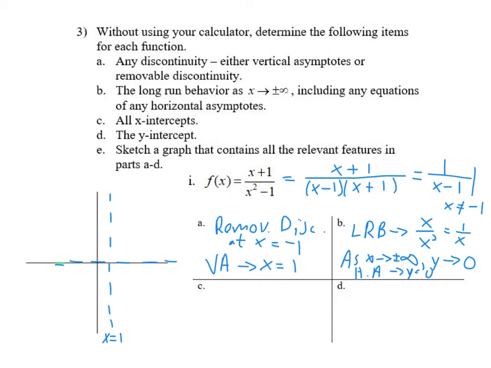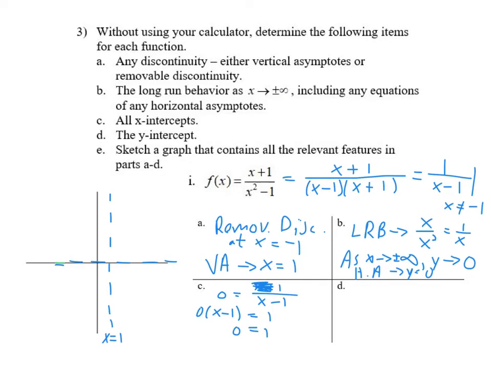All right, now let's check out the x-intercepts. We know with x-intercepts that's when your y value is 0. So if we set the function equal to 0, I want to use the simplified version. So we'll have 1 over x minus 1 equal to 0. Essentially, when we do this, we're going to multiply over by our denominator, so we'll have 0 times x minus 1 equals 1, which gives us 0 equals 1.